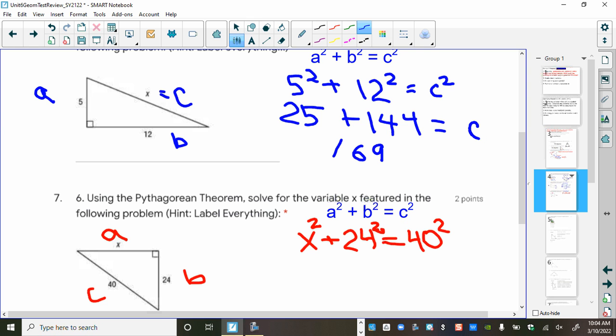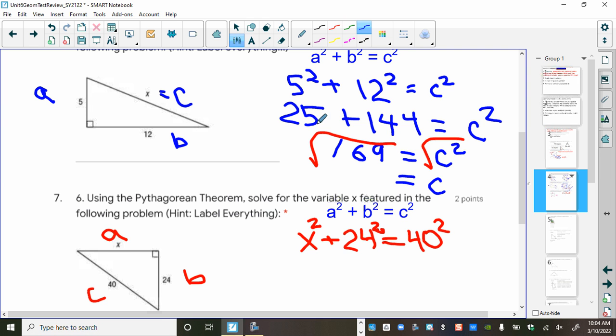That's C squared. But in the end, we need C. So what do we have to do to the C squared to get to C? What do you have to do? You said it, Jason. Square root that.